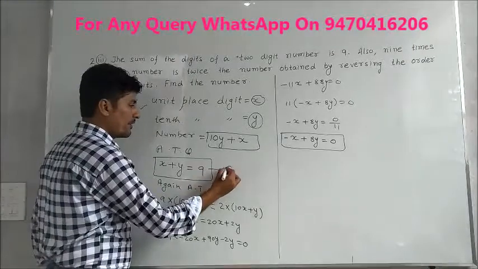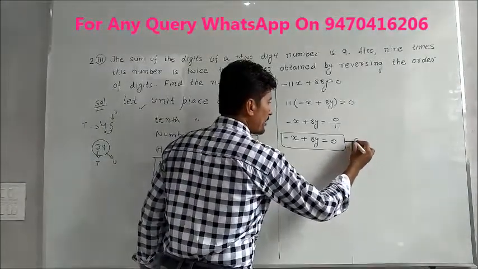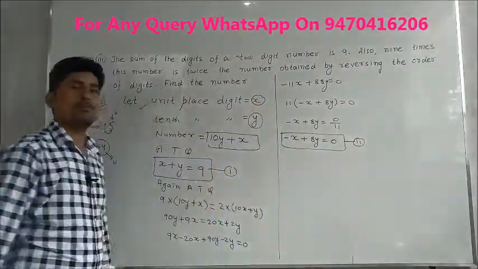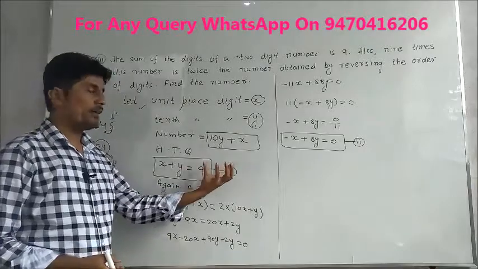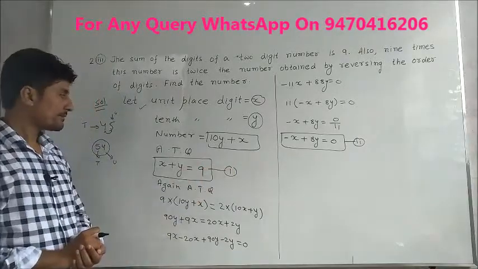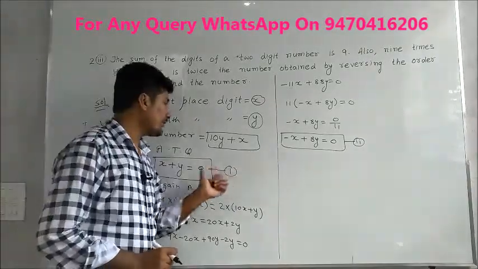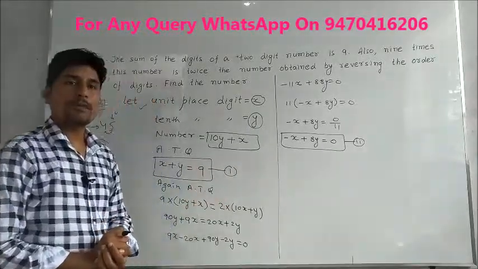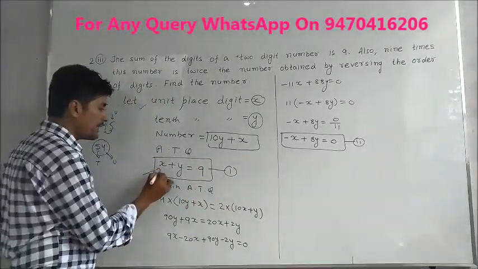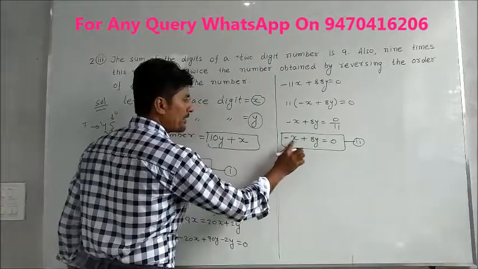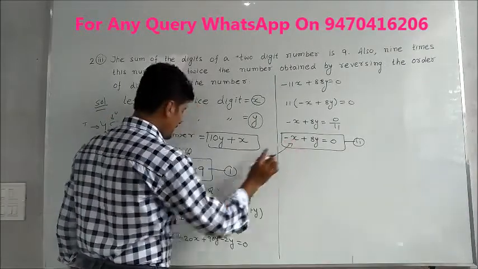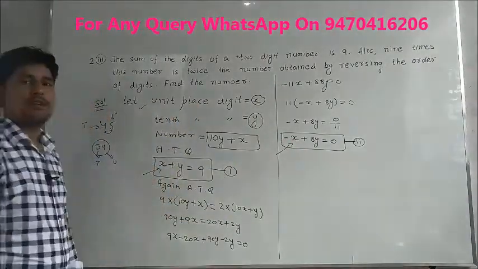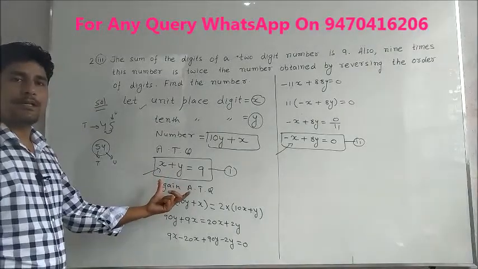This is our very first equation, and this is the second equation. Now we have to solve both the equations to get the values of x and y. We will solve these two equations by using the elimination method. Suppose we are going to eliminate x. The coefficient of x is 1 here, and here also the coefficient of x is 1, so we can easily eliminate it.